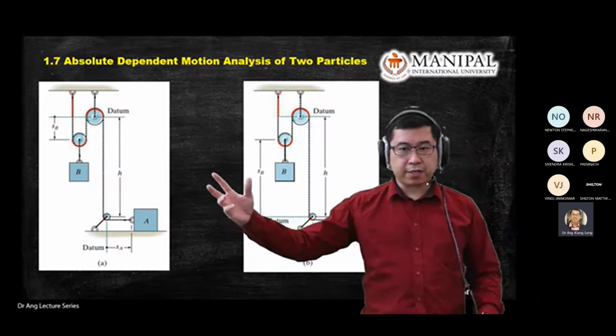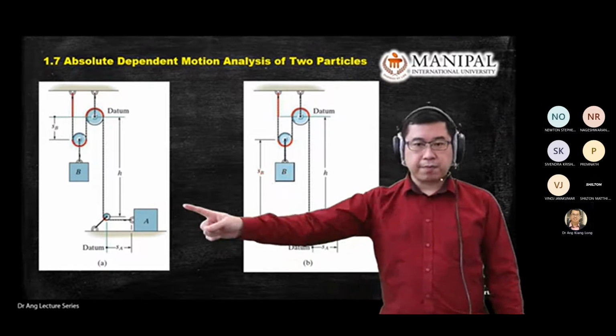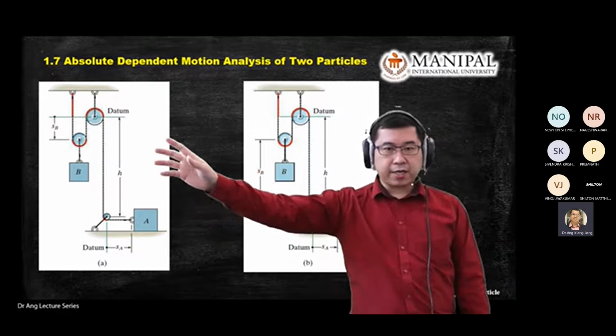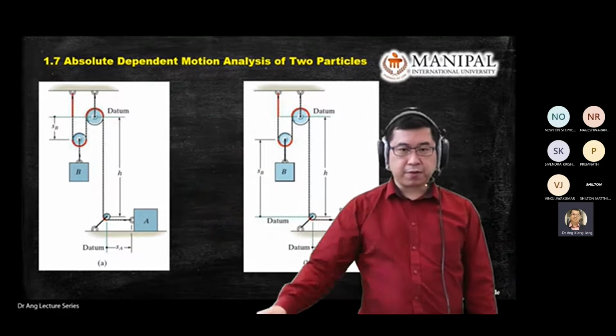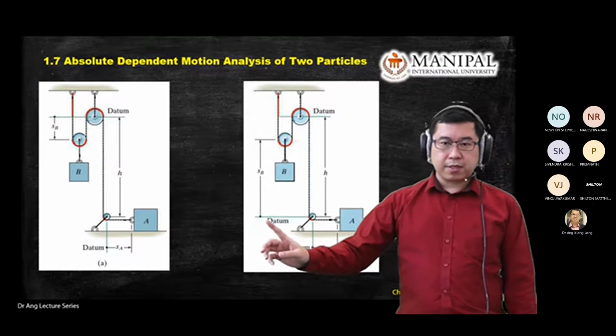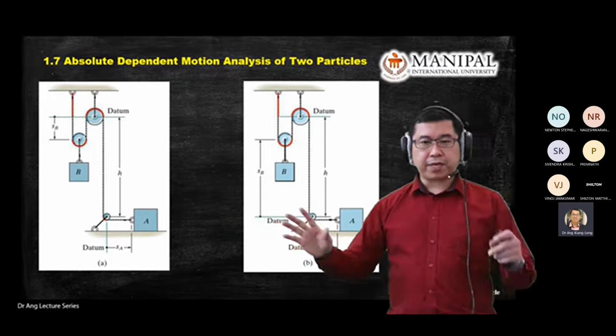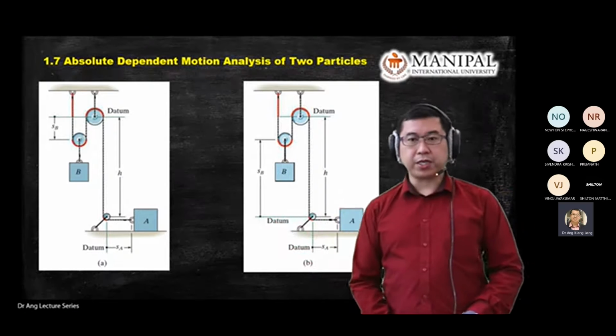Because the reference system is different already. On the left-hand side A, your SB going down is positive. With the second new datum here, going up is positive. So your positive and negative signs will be changing.